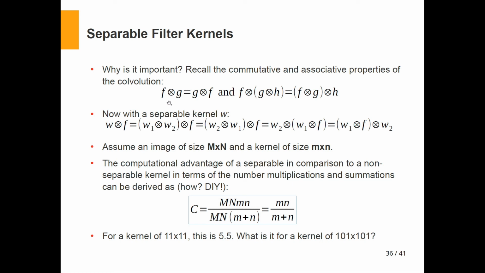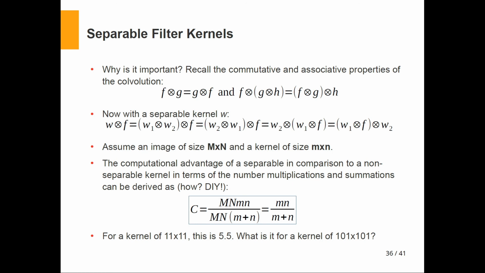So if we use the commutative and associative properties, we can see that W convolved with F equals W1 convolved with F, and the result of this calculation is convolved with W2. So why is this important? It is important because if we have a separable kernel, we can reduce the number of calculations that we need to do in order to find the filtered result.